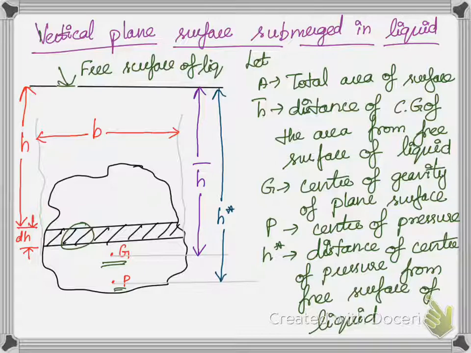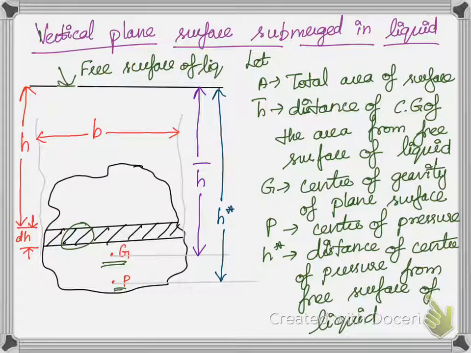We can see a small element here. The force on the small strip will be calculated, and the total pressure on the whole area is calculated by integrating the force on the small strip. So for one small strip we calculate, then we integrate, and after integrating we can get the force for the whole area.